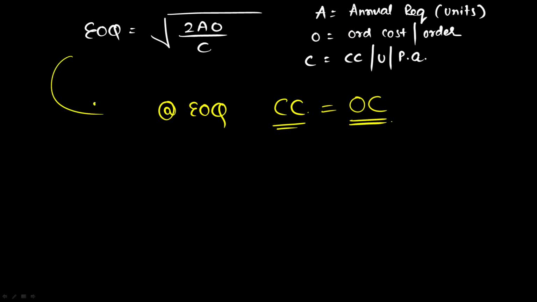So we will prove that at EOQ, your total carrying cost will be equal to your total ordering cost. And we will verify this in each and every EOQ we find. Whenever we find the economic ordering quantity, at EOQ your total carrying cost should be equal to your total ordering cost. And this is the concept of EOQ.